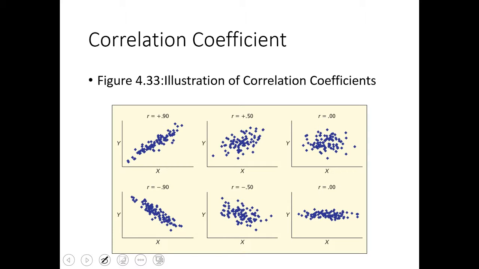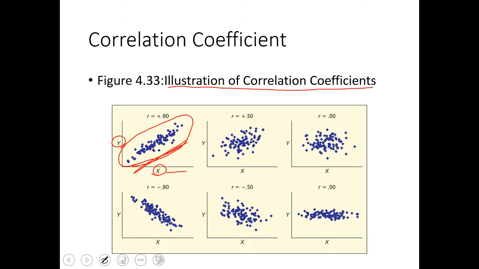So here is the illustration of the correlation coefficient. If our x value is here, then the y value is here, or something like that. Then we have this graph, this dot plot. If we have this kind of data, then that means these two, x and y, are highly positively correlated.